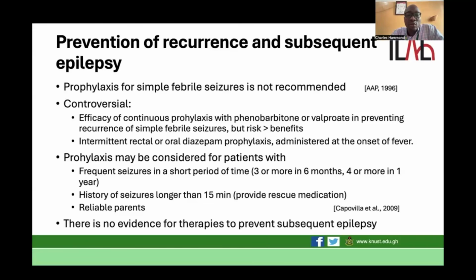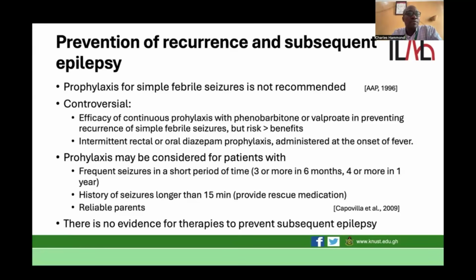However, prophylaxis may be considered for patients who are having frequent febrile seizures in a short period of time. And when I say short period of time, I'm talking about having about 3 or more episodes in 6 months or 4 episodes in 1 year.